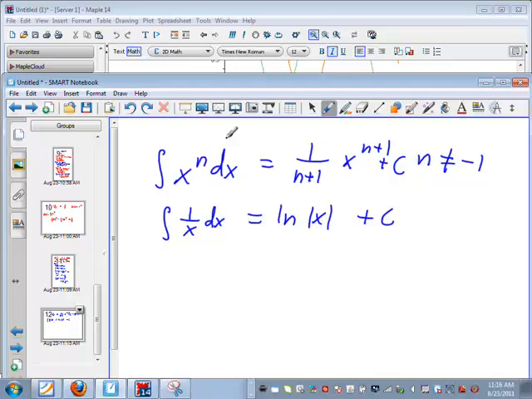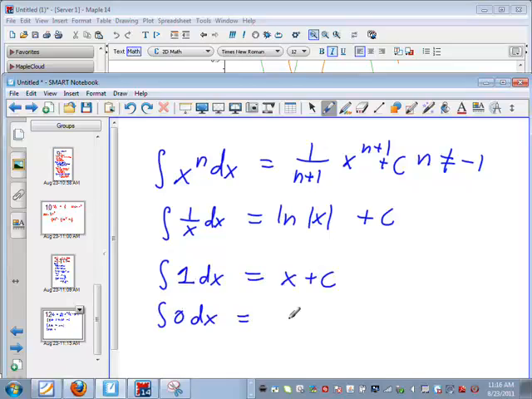Let's go ahead. For some reason, this implies some other things that people don't see pretty quickly. The antiderivative of 1, the function whose derivative is 1, is what? x for sure. x plus a constant. The antiderivative of 0 is just a constant.